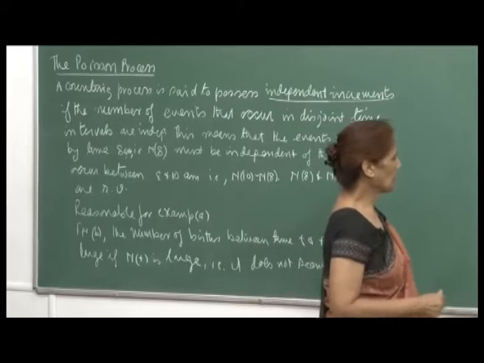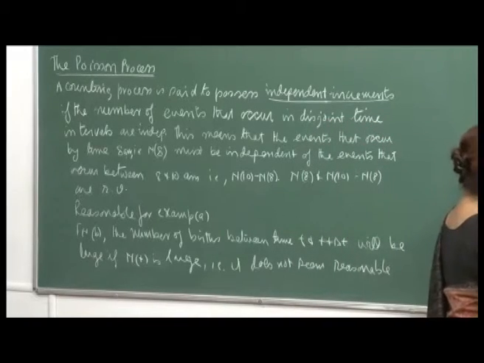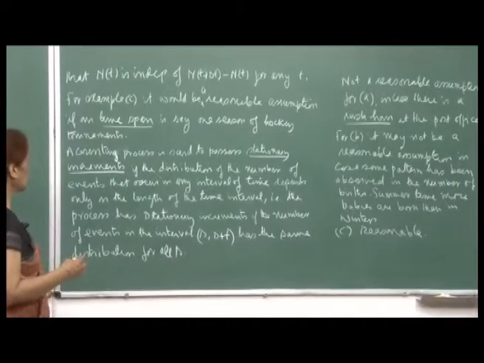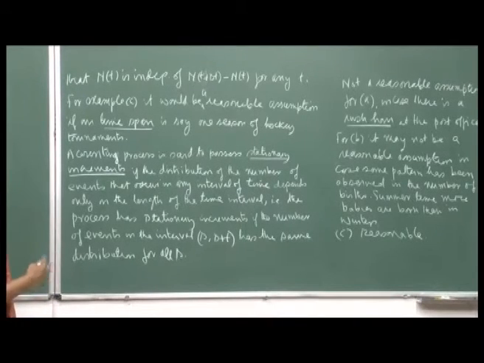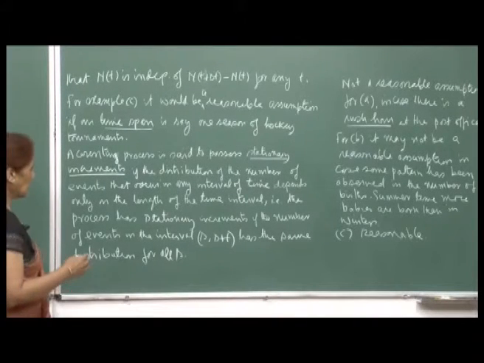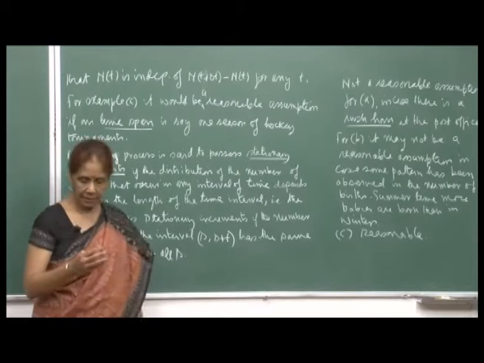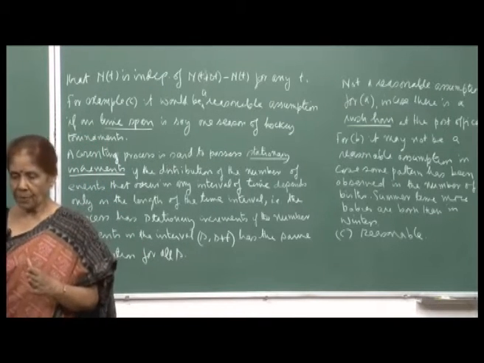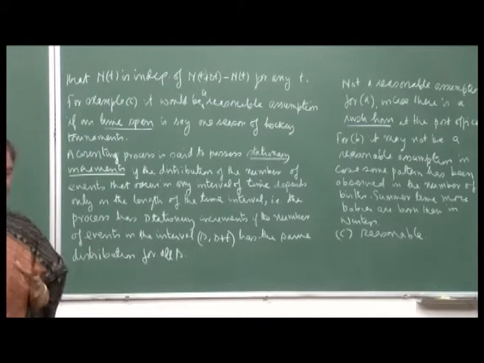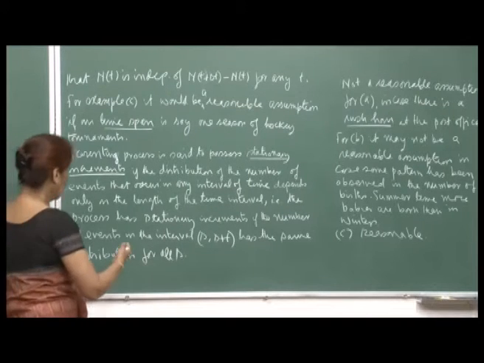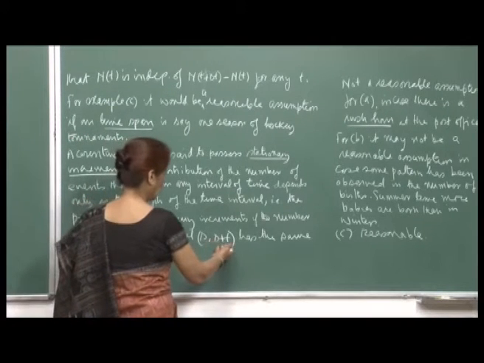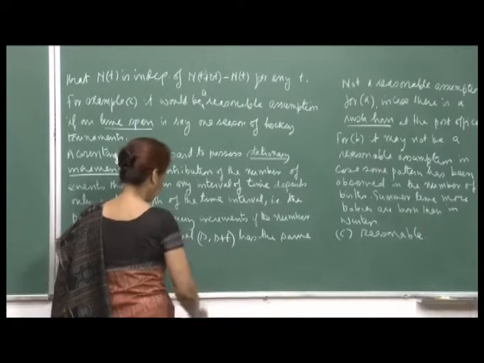The other important assumption for a counting process is stationary increments. Here, the number of events that occur should depend only on the length of the interval. If you have the interval s to s plus t, the length of the interval is t.